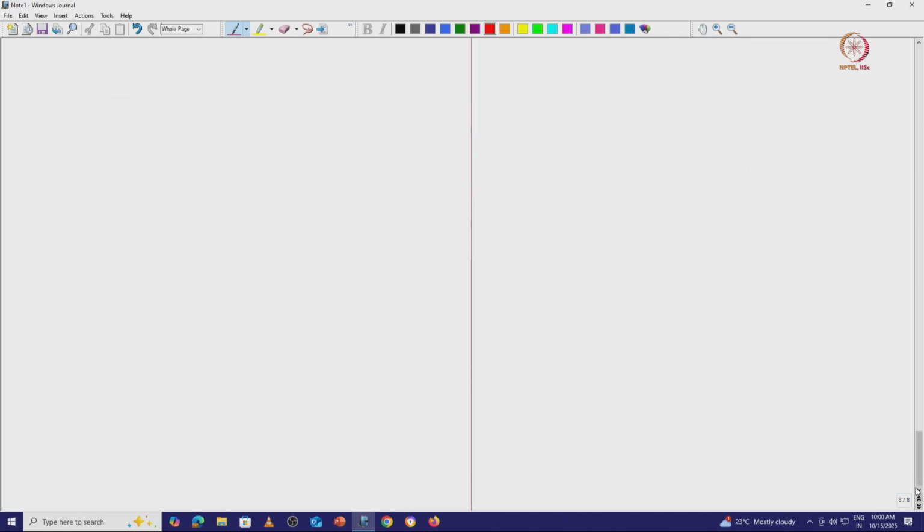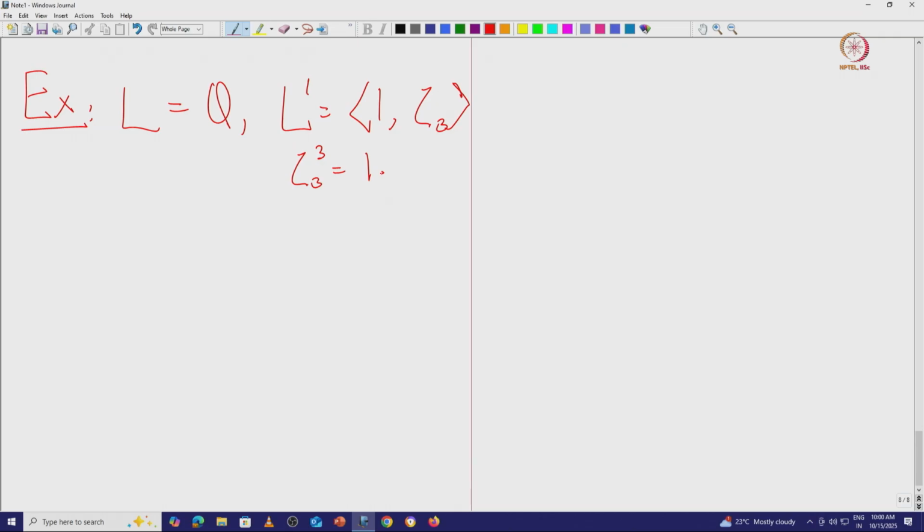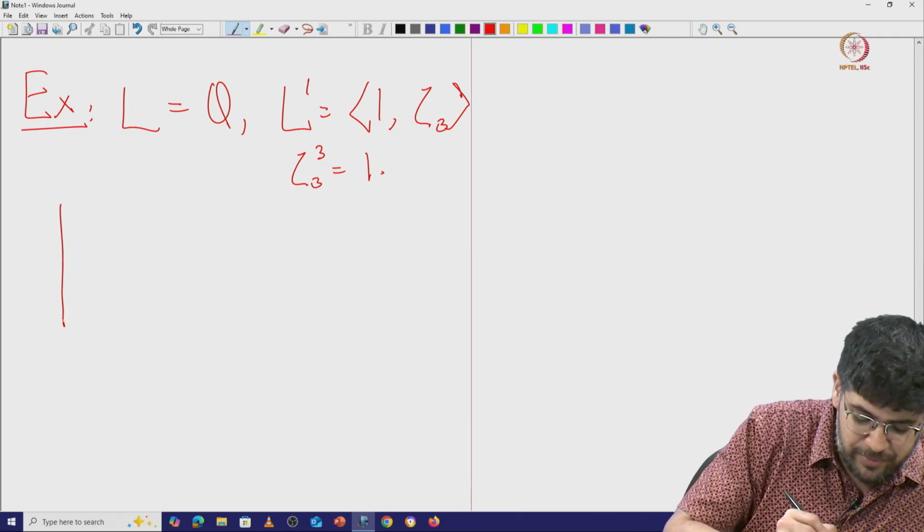So in particular, as an example, let us say you take L to be Z squared and L prime to be generated by 1 and zeta 3, where zeta 3 is the cube root of unity. Let me just draw a picture.